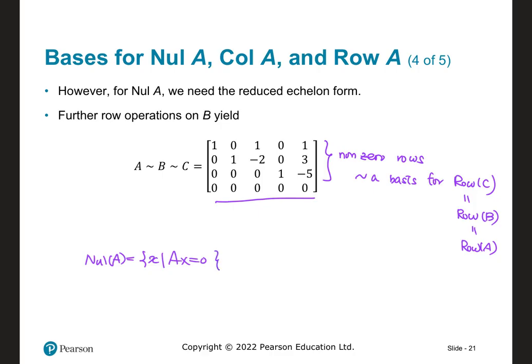And that solution set will not be changed when I replace this A with its echelon form or even reduced row echelon form. They are the same, meaning the null space of A will be the same as the null space of B or even null space of C.